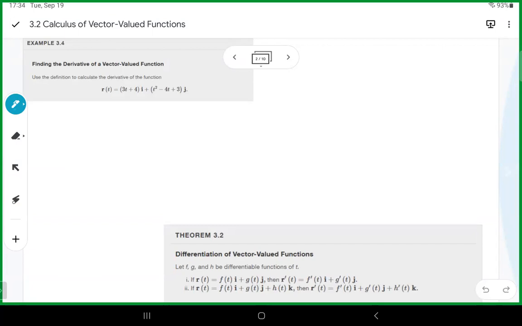So we know that we're going to have r prime of t, and that is the limit as delta t goes to 0 of r of t plus delta t minus r of t over delta t. Okay, so let's work this out.